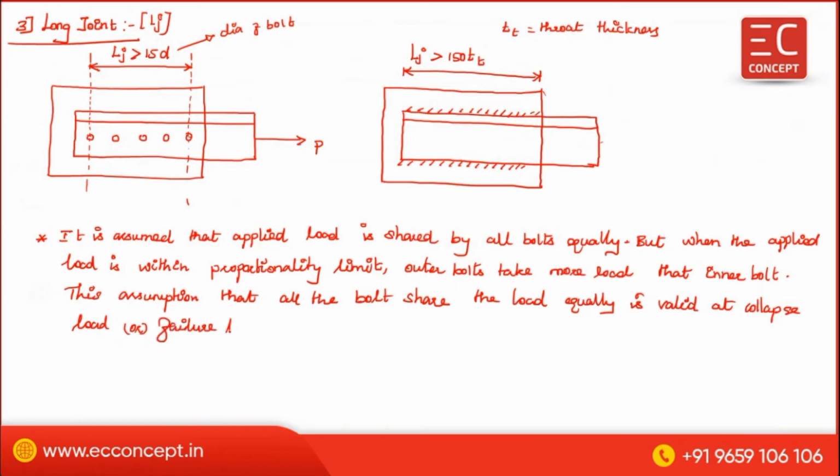The assumption that all bolts share the load equally only holds good when the member reaches the collapse load or failure load. But if the member is at the elastic limit or proportional limit, then the bolts do not share the load equally. So this is a very, very important assumption.